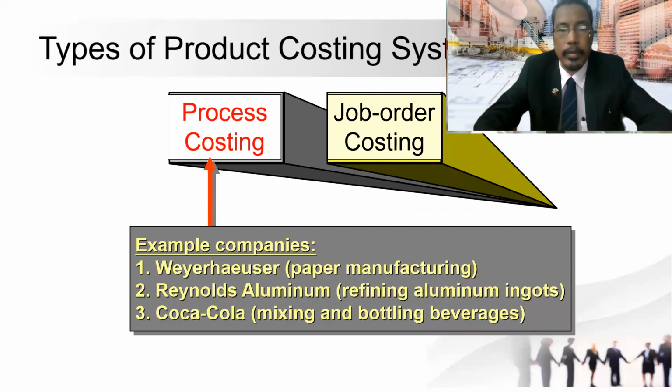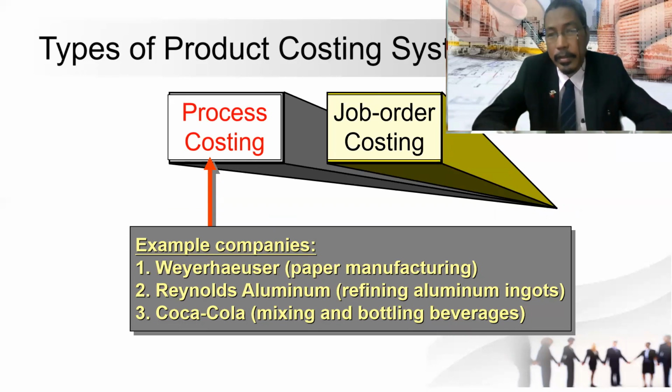What are the examples? Number 1, Weyerhaeuser, paper manufacturing, same type of paper. Number 2, Reynolds Aluminum, refining aluminum ingots. Reynolds is, I think, the number 1 aluminum producing company in the world. We have the aluminum wrapper for our foods. Number 3, Coca-Cola, mixing and bottling beverages.